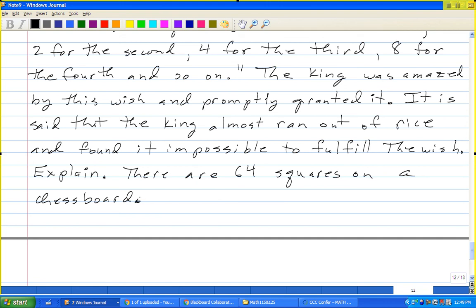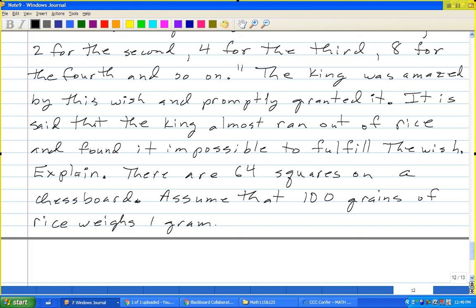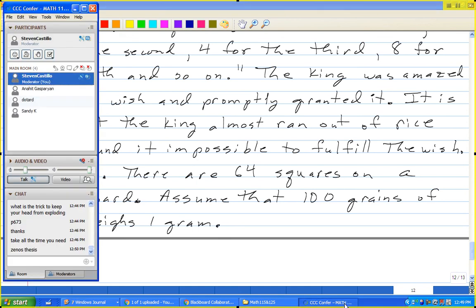And we'll assume that 100 grains of rice weighs 1 gram. Okay.